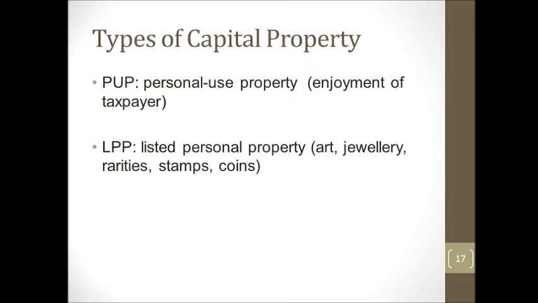Now, listed personal property is specifically listed in the Income Tax Act as art, jewelry, rare books, manuscripts, stamps, and coins. Now, generally, these types of property, these listed personal property, have the potential to appreciate in value.